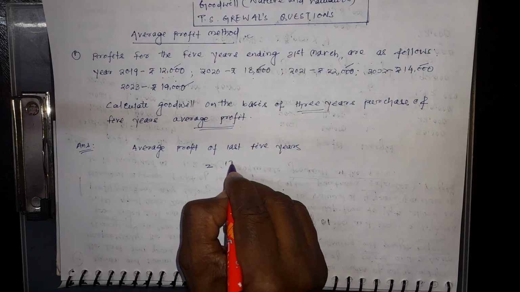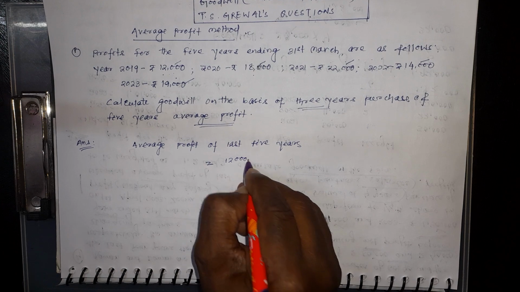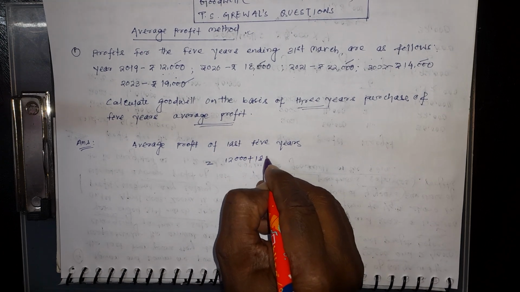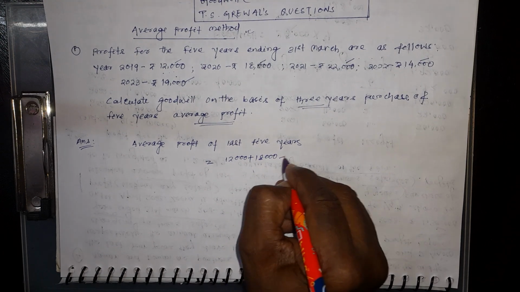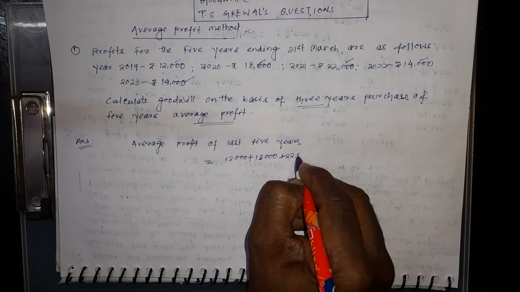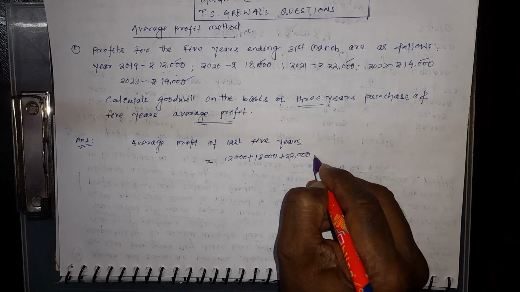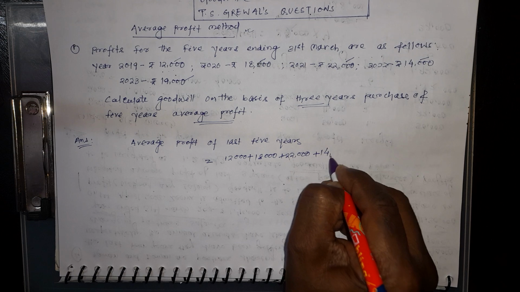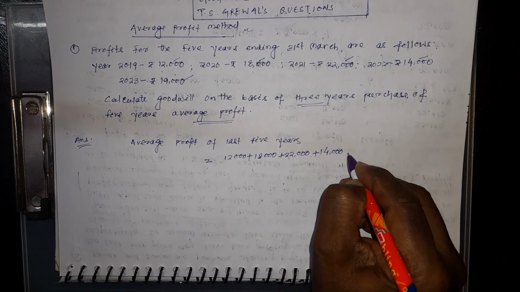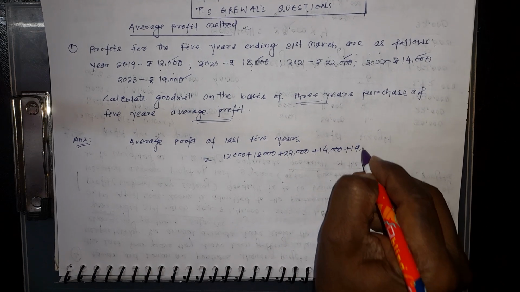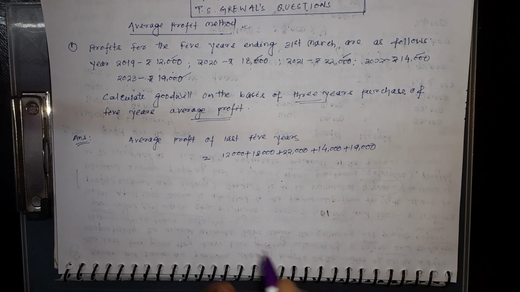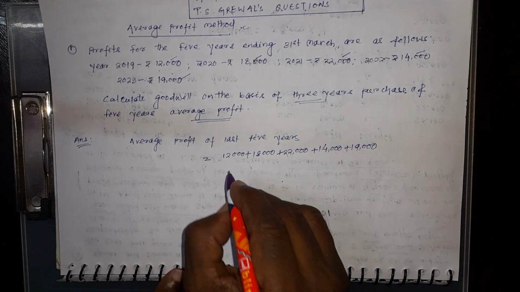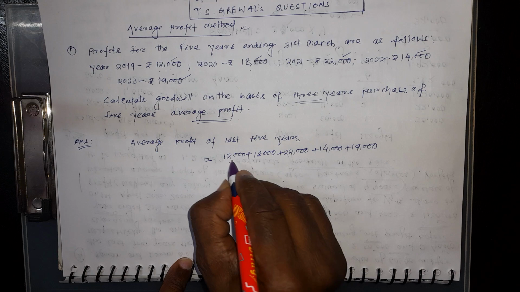So 12,000 plus 18,000 plus 22,000 plus 14,000 plus 19,000, and the number of years is given as 5, so we have to divide by 5. Clear?